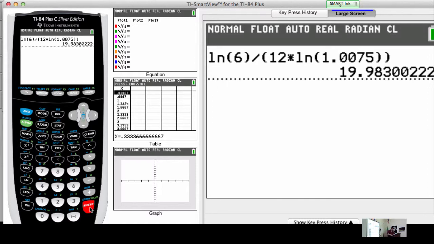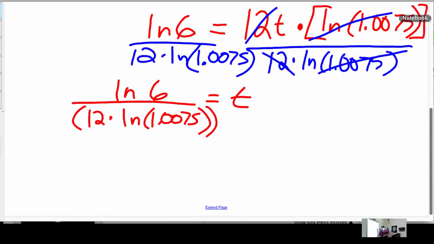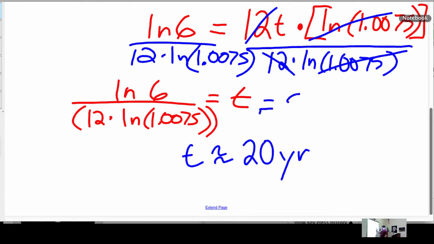What does that mean? Well, it takes about 20 years. That's what that means, okay? That means that t is around 20 years because actually this is like 19.983, right?